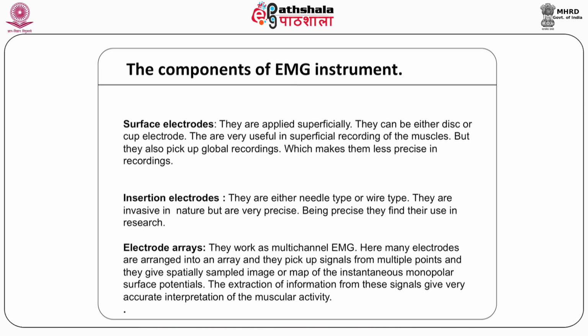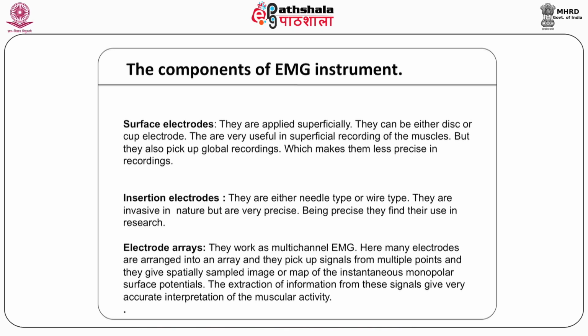Let us understand the next type of electrode, that is the insertion electrode. They are either needle type or wire type. They are invasive in nature, but they are very precise. Being precise, they find their use in research. Then the other type of electrode is electrode arrays.